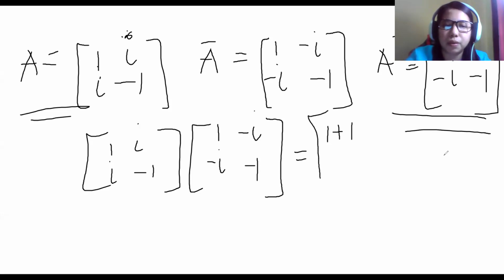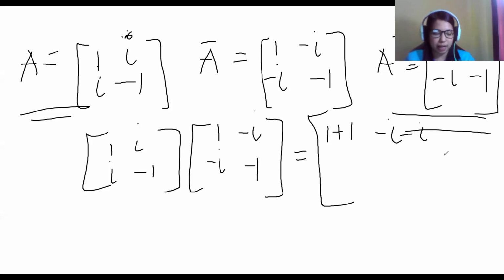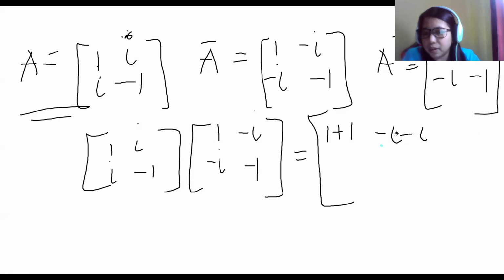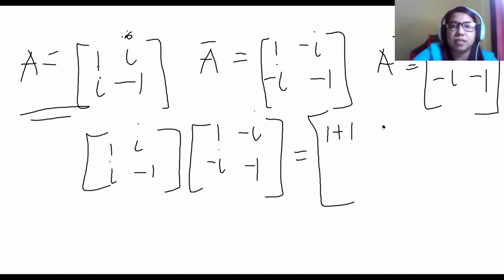Okay, so next, 1 times negative i is negative i. So let us go back so that it will be clearer. Let's repeat.